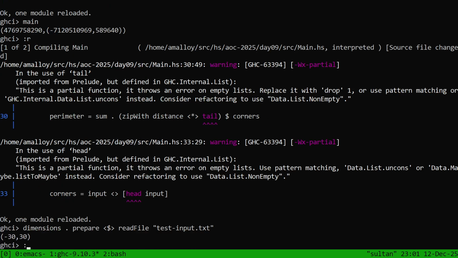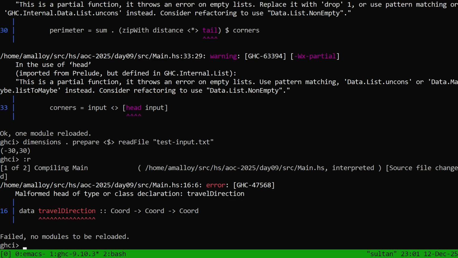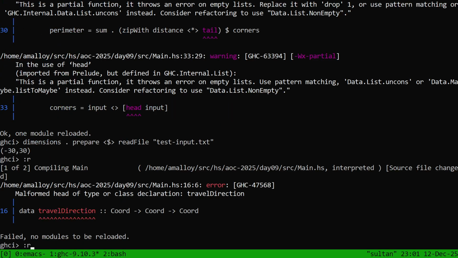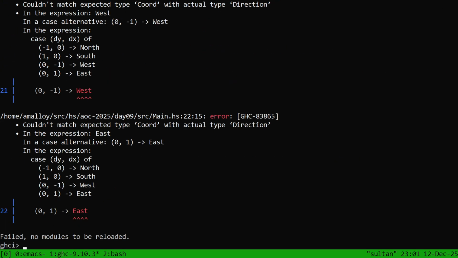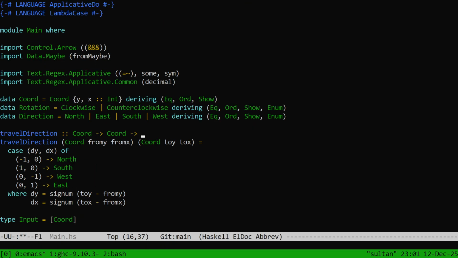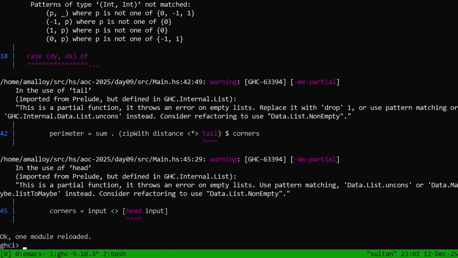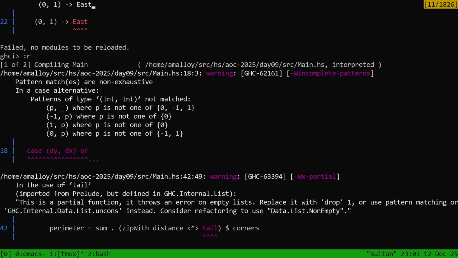Okay, does this compile at all? I called it data, huh? I said it returns a coord. How about if it returns a direction? Yes, I'm not handling other patterns, sure.